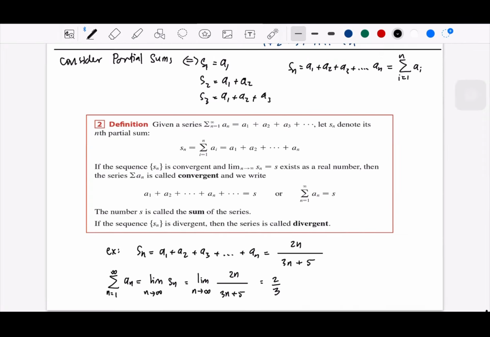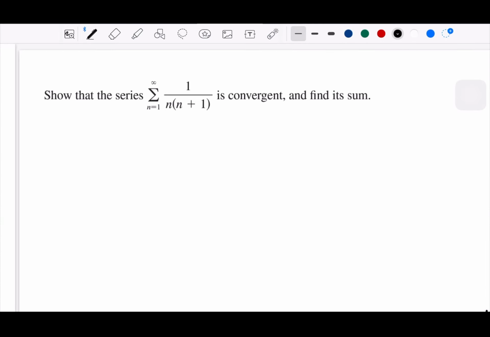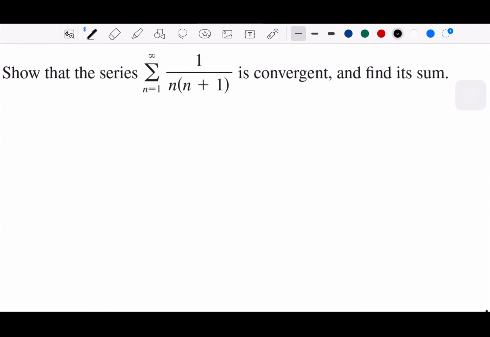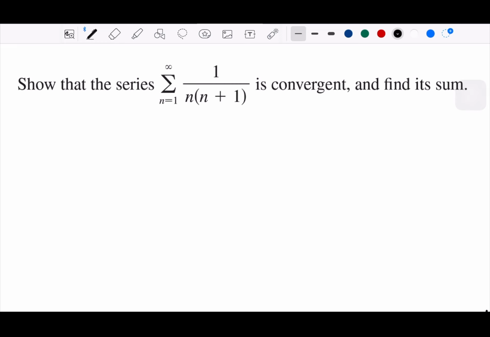Okay, now let's start with this. We have the series sum from n equals 1 to infinity of 1 over n multiplied by n plus 1.